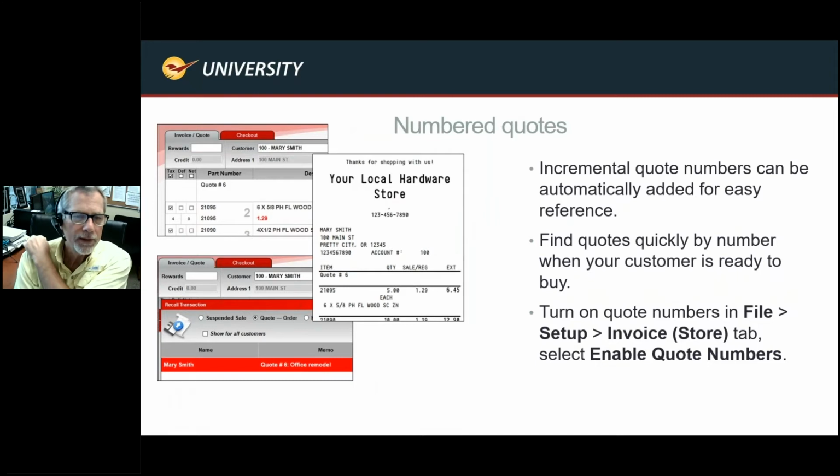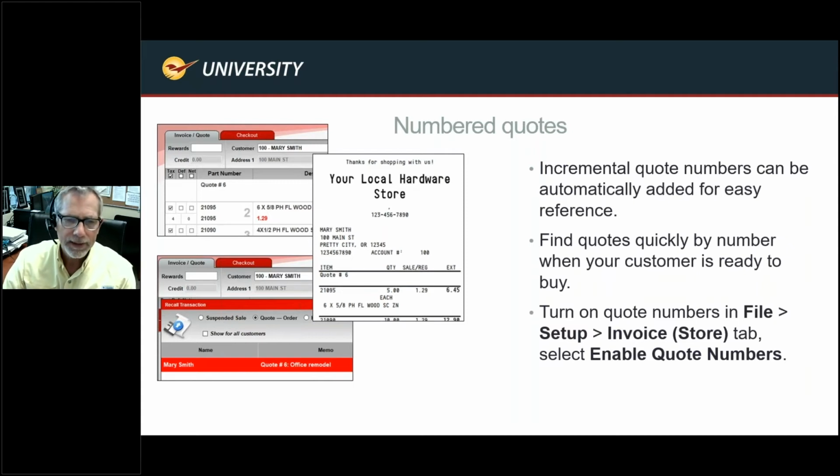Numbered quotes. Another feature that a lot of folks are asking for is for the contractors that come in and you build this enormous quote for them, they need to have that quote numbered. It just makes it really easy to recall and to organize. Let's say there's a contractor that's in your store frequently and they have maybe a dozen different quotes in the system.